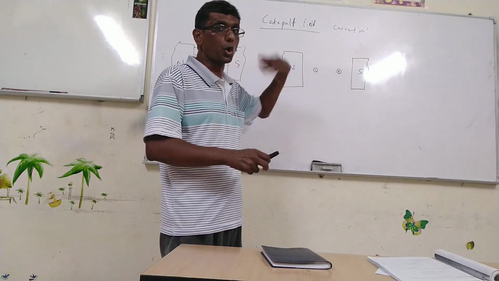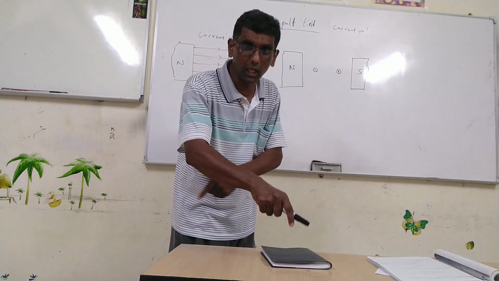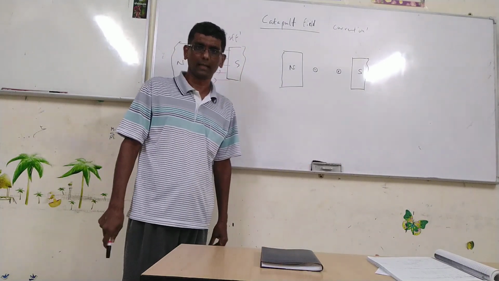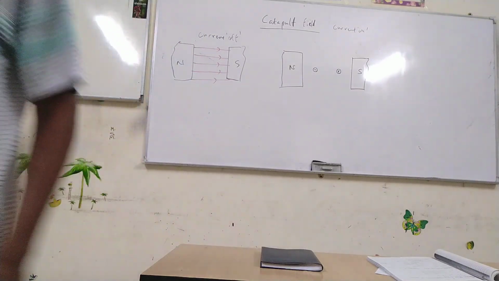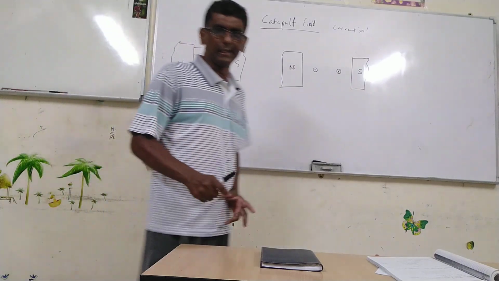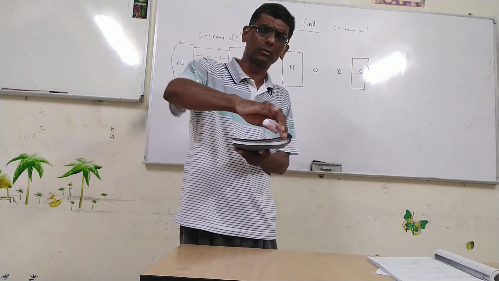So this is symbolic drawing. Instead of drawing the coil, we draw the current. This is current going in, current coming out.